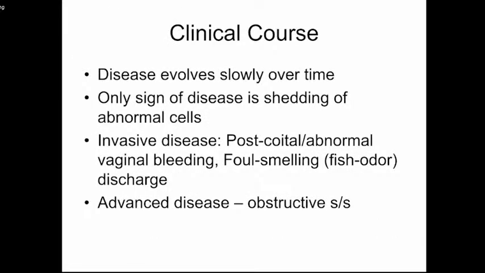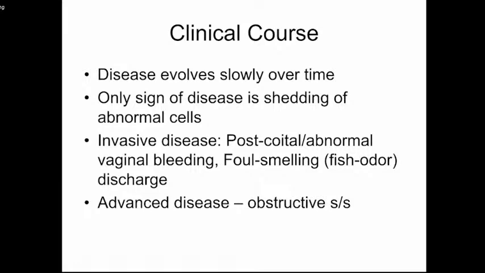So the clinical course: we've already seen that the disease evolves slowly. By the time a patient is presenting with PV bleeding and discharge and pelvic pain, and so on, then it's late stage disease. So the only early sign of disease is shedding of abnormal cells during screening.